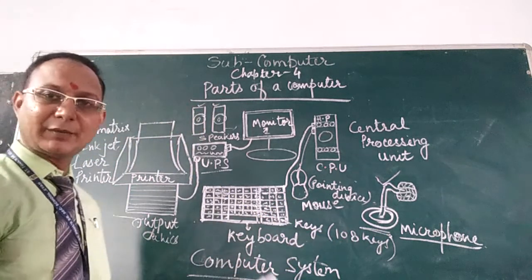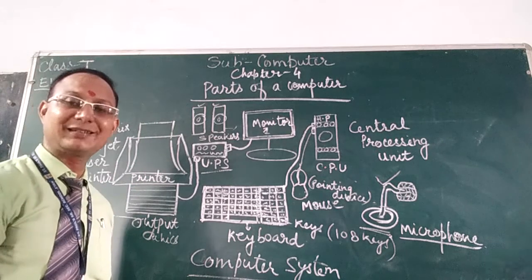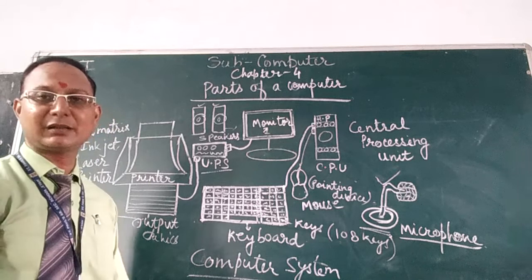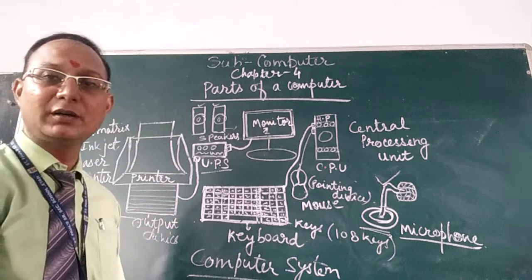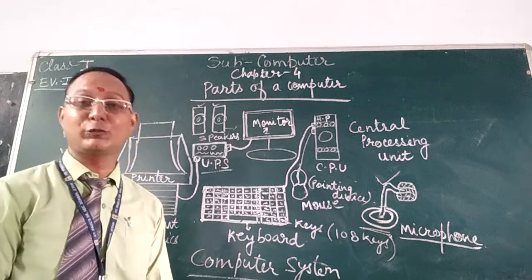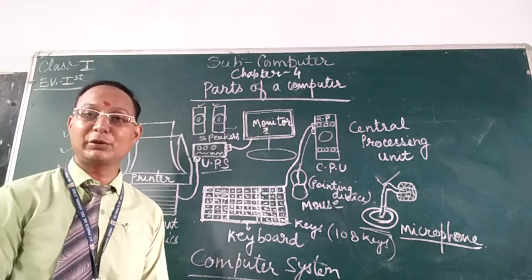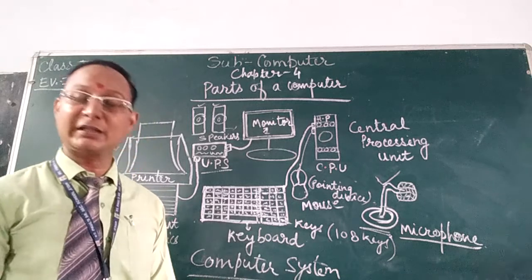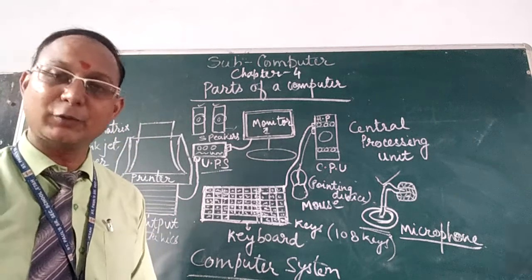These are also called the peripheral devices of the computer, or the physical parts of a computer. What are the four main parts without which the computer cannot work? We have studied monitor, CPU, mouse and keyboard.